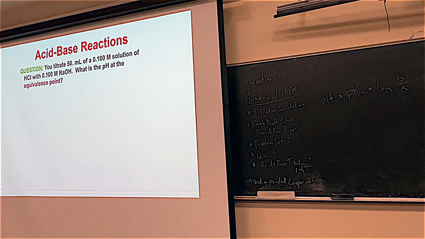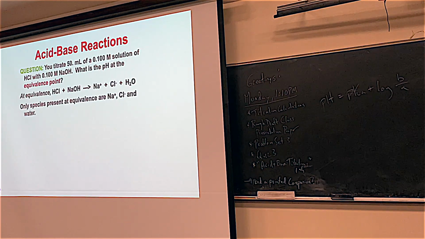Okay. Now, this question says, what's the pH at the equivalence point? And again, for this part, you have to know how many milliliters of strong base it's going to take to get to the equivalence point where the moles are equal. At equivalence, you've got water and the conjugate ions, sodium and chloride ions.